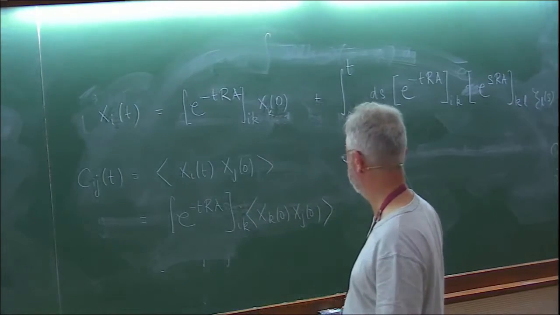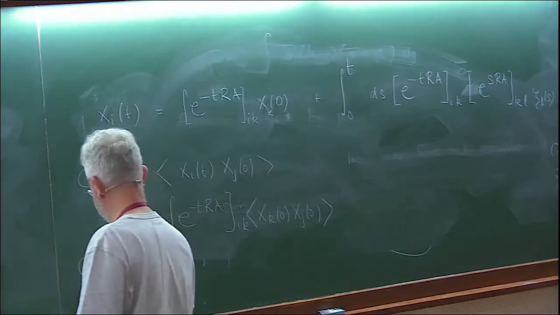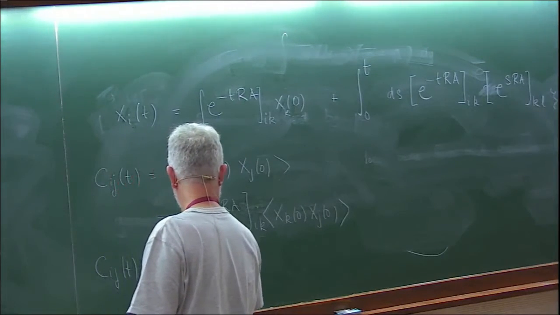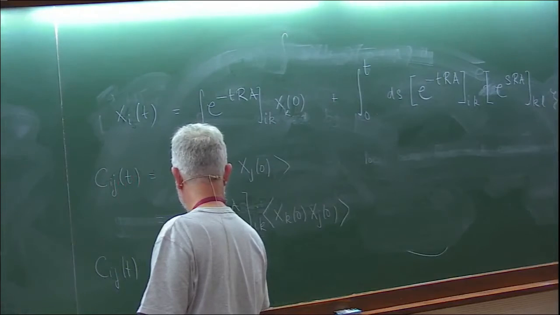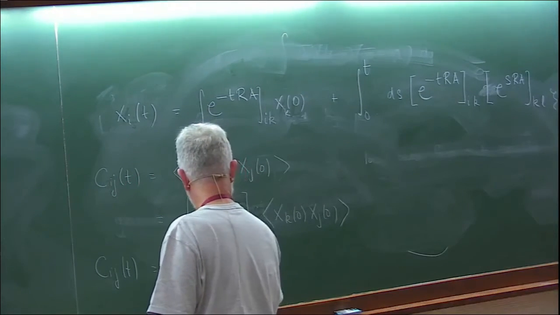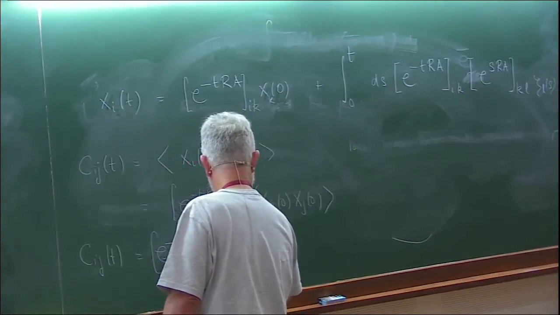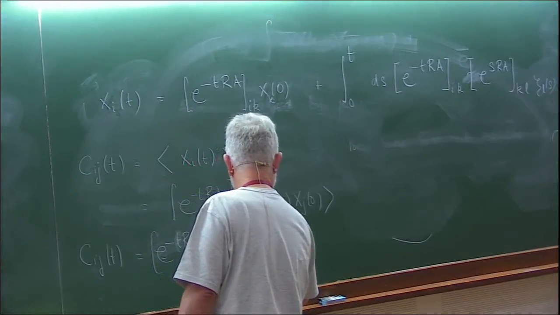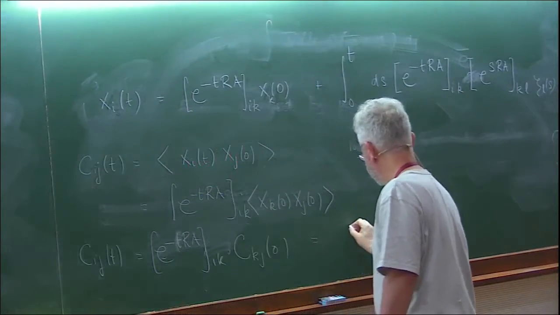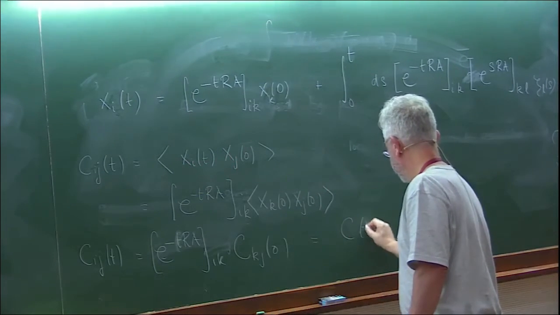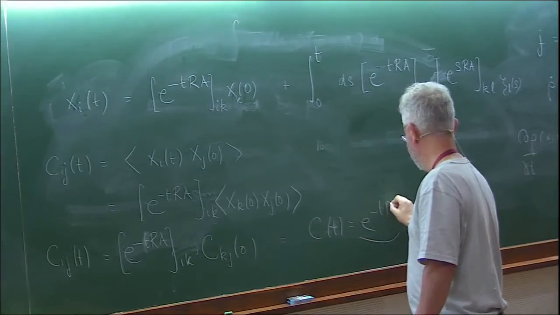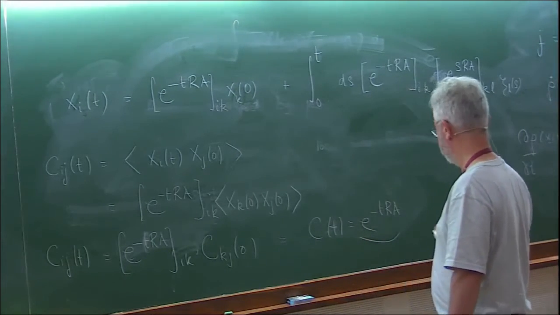That's just the correlation function at 0. So this tells you that C_ij(t) is equal to e^(-tA)_ik C_kj evaluated at 0. You can write this in a purely matrix way: C(t) is equal to e^(-tA) C(0).